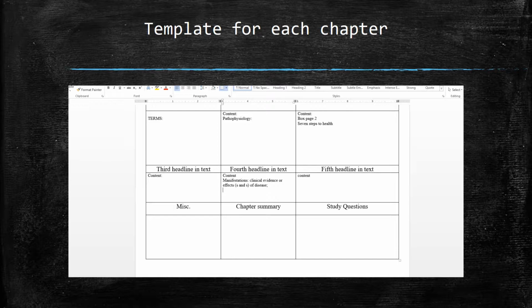And then it goes on right below it to say your signs. Those are objective, which just means that anyone can see them. There are symptoms, which are subjective.